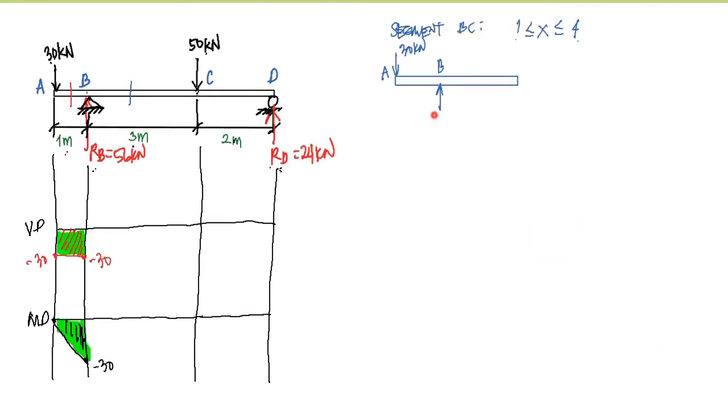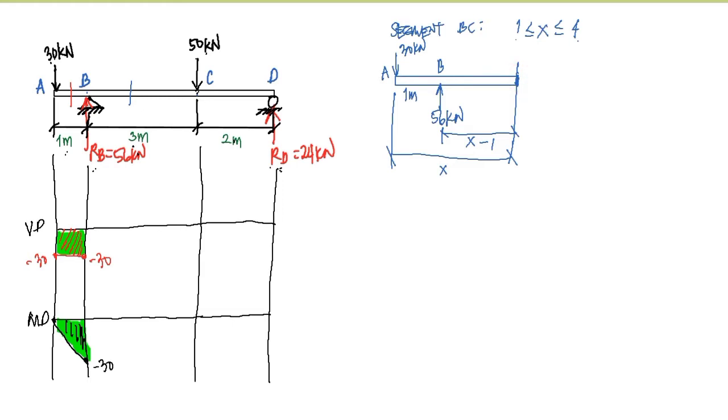The RB, this is 56 kilonewton based on the previous computation that we have. And this is our section here. So for the distance, this distance here is distance x. And since this is 1 meter here, this distance is x minus 1.